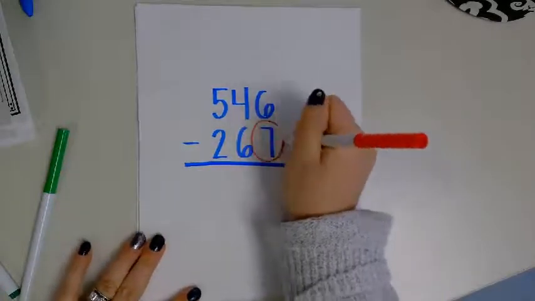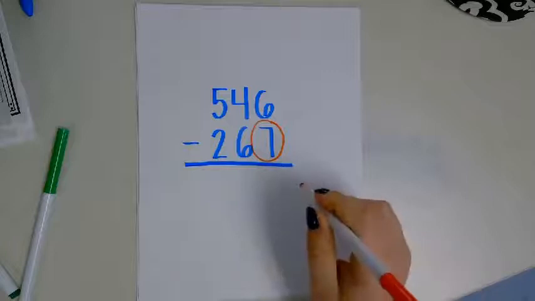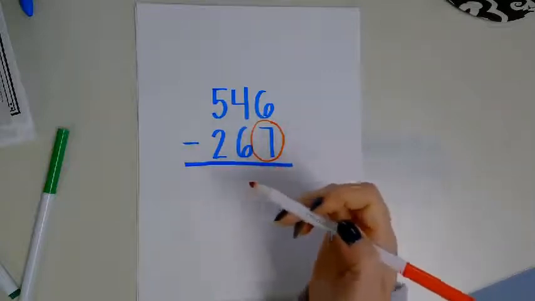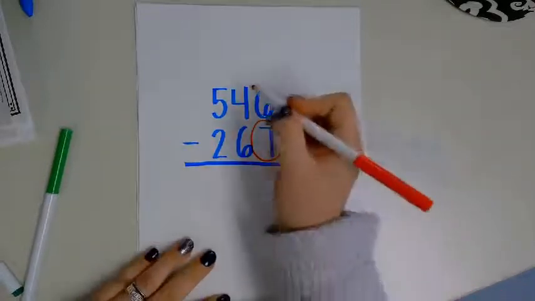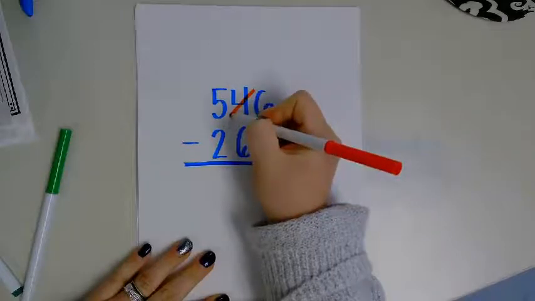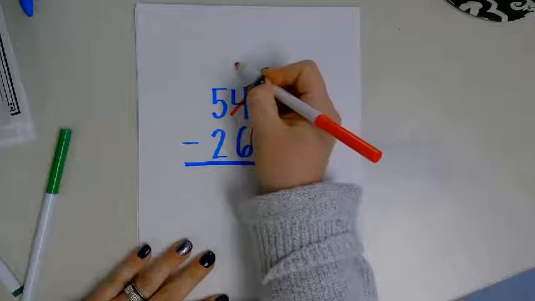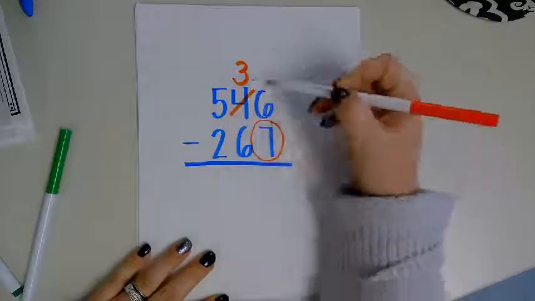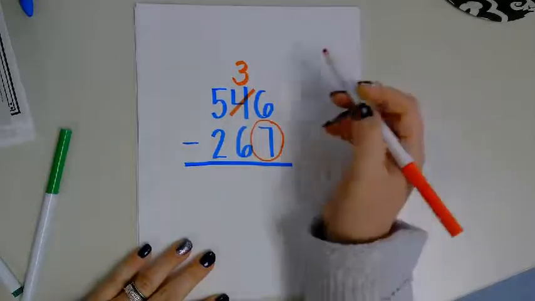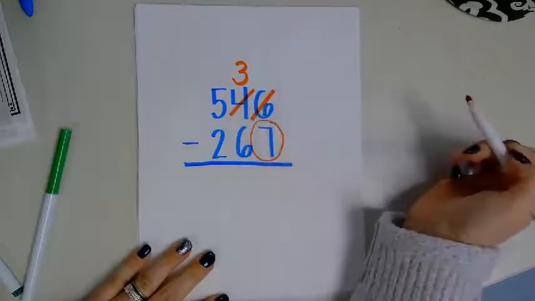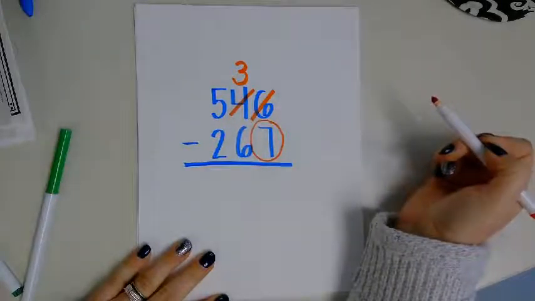More on the floor. We go next door and get 10 more. So we're going to take 1 from the 4, which leaves us with, good, 3. And we move that group over and add 10 to the 6, which gives me 16.